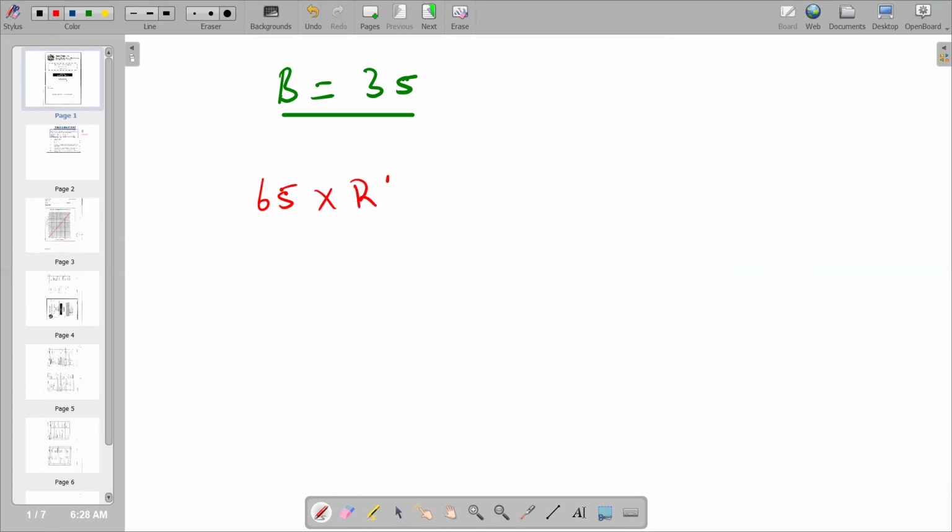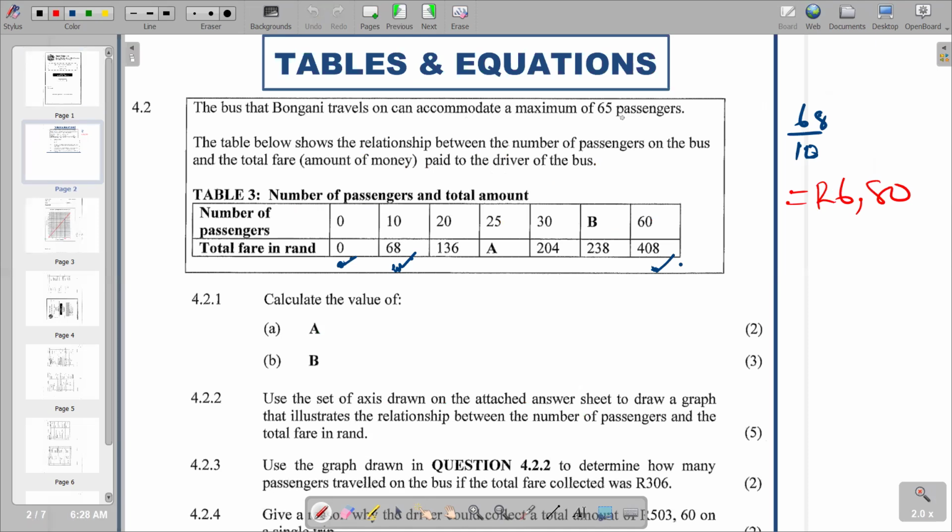Let's try to see what you get there. You can just try to multiply that one. So your total is 442. So it means each trip maximally you can get 442 rands, accommodating a maximum of 65 passengers.